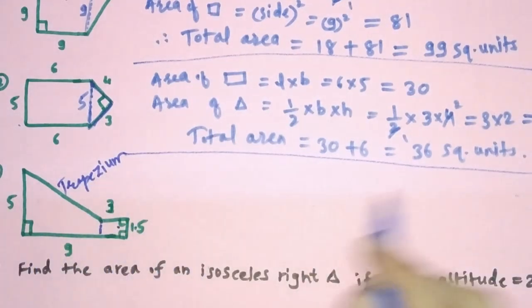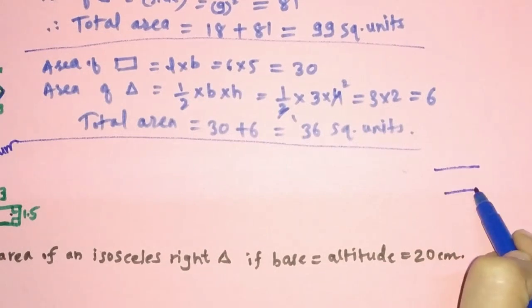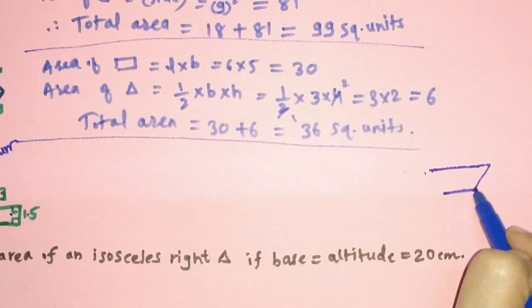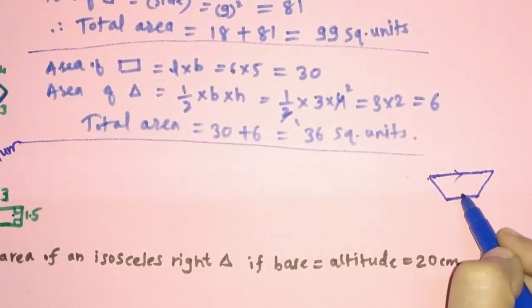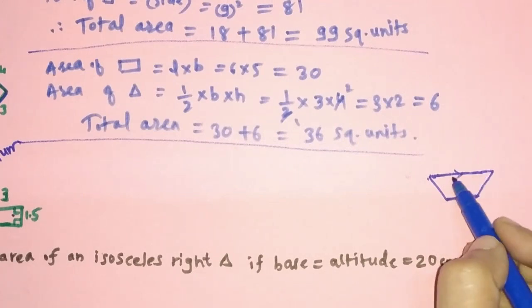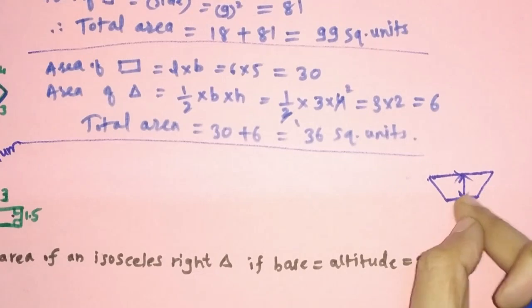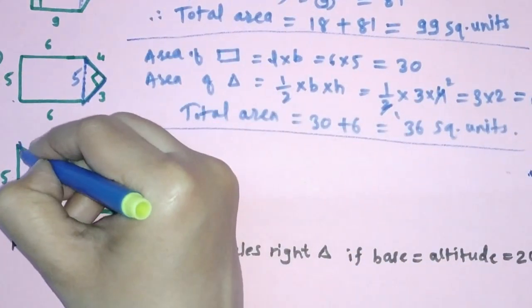In a trapezium, friends, you see two lines are parallel. These are the two parallel lines, and this is the figure of the trapezium. It is a quadrilateral, and there is a height between these two parallel lines. So this is the trapezium which is given here, with two parallel lines.